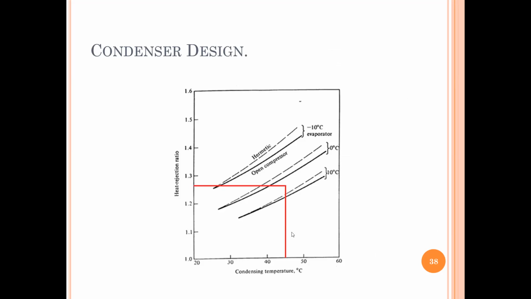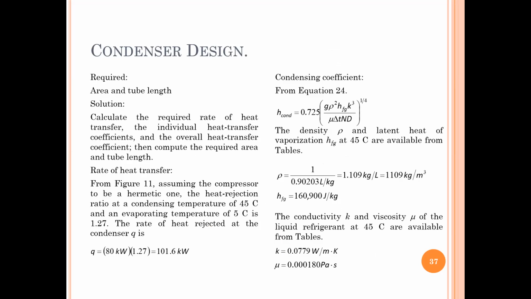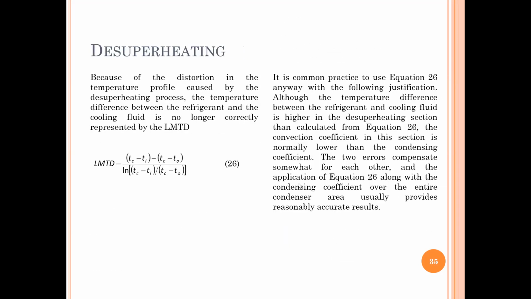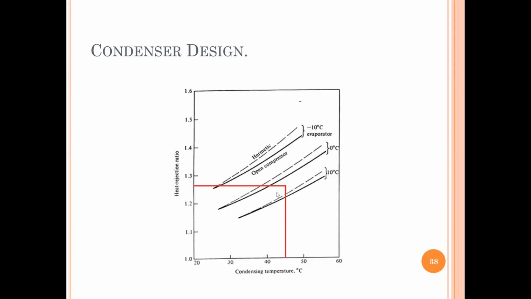5C and 45, tapos 5C, so hanapin mo dito yung value. Between dyan, open, hermetic one. So, hermetic, dito ka gitna. Gitna nito, hermetic one. 5, 0, 10.